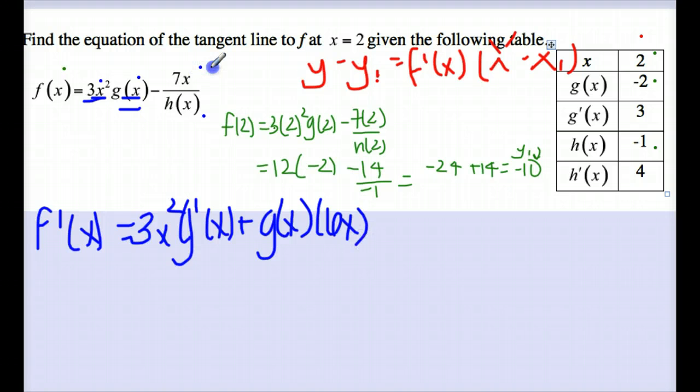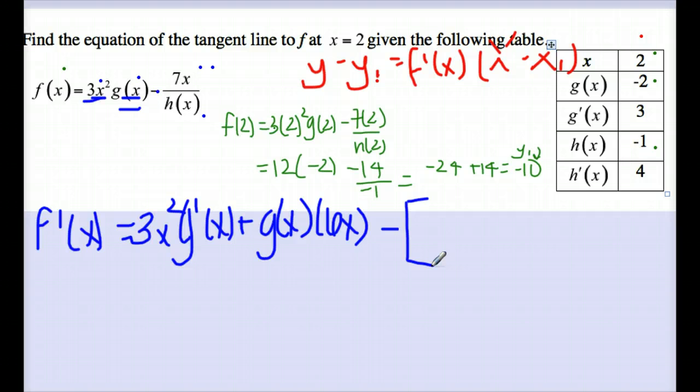Now how do I take the derivative of this right here? Correct, I'm going to have to take it by using the quotient rule. So I have minus, and since there's a minus sign here, I'm going to take the derivative of just what's in the fraction. I'm going to pull out that negative.